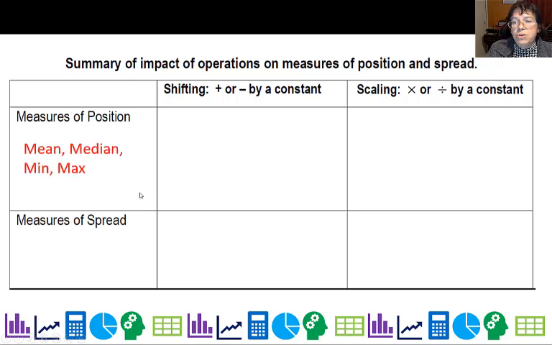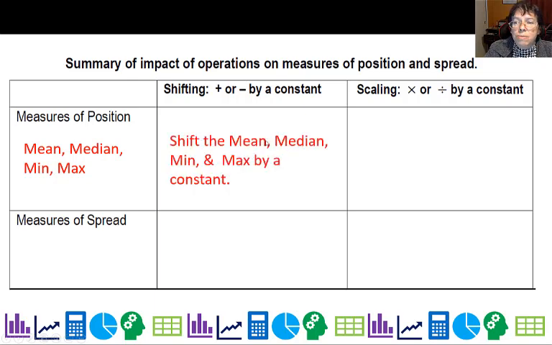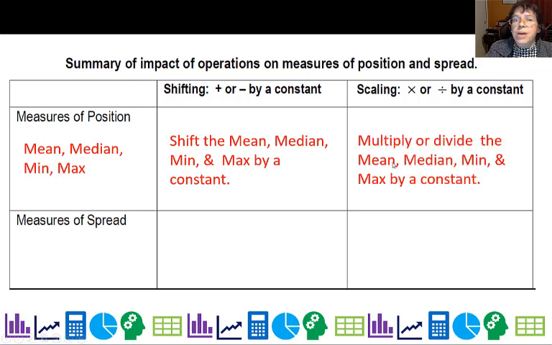If you're dealing with a measure of position like mean, median, min, max, and you're adding or subtracting a constant, just do that to all of those stats, all right? If you're multiplying or dividing by a constant, you should also do that because it affects these. So measure of position is affected by everything.